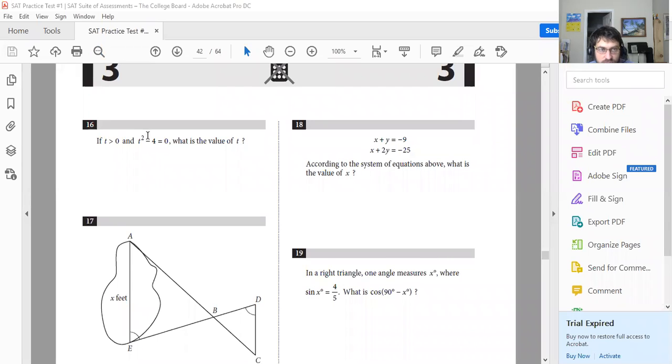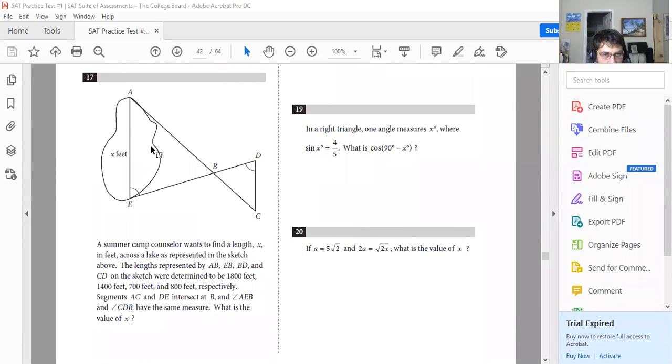Number 17, we have this pretty graph. A summer camp counselor wants to find the length x in feet across a lake as represented in the sketch above.